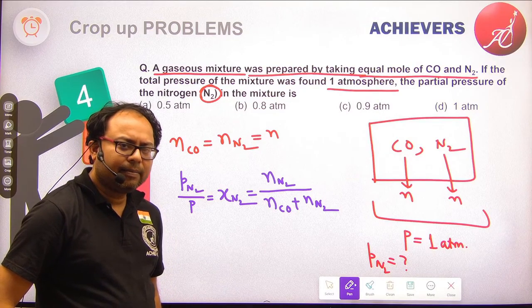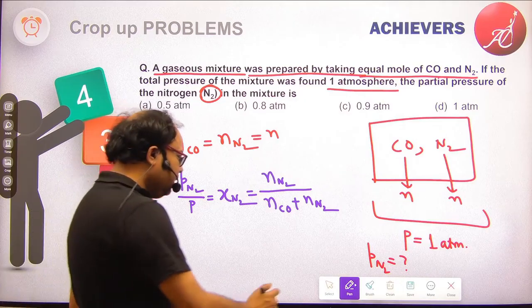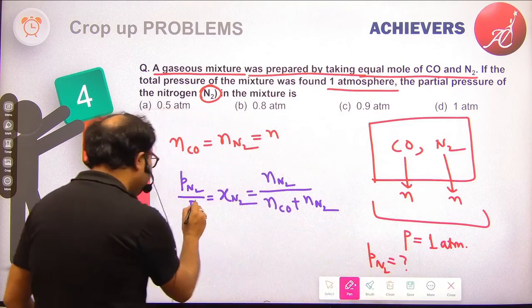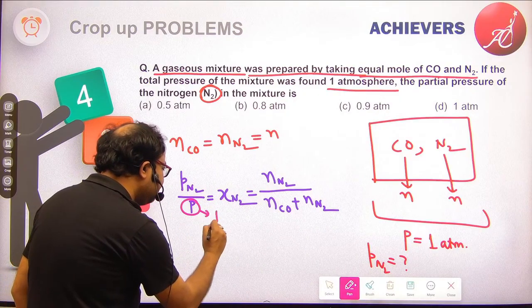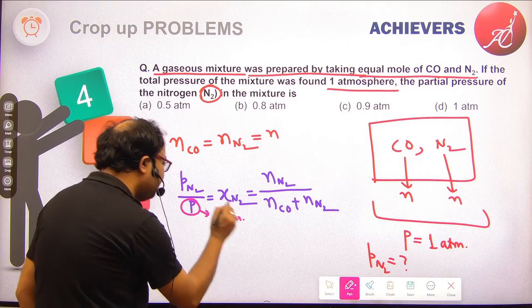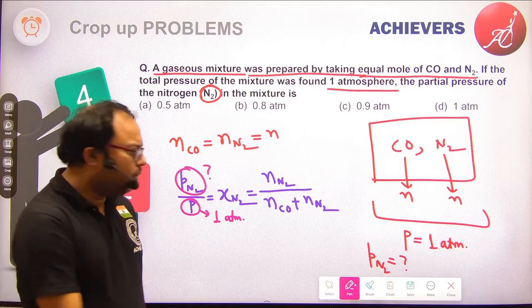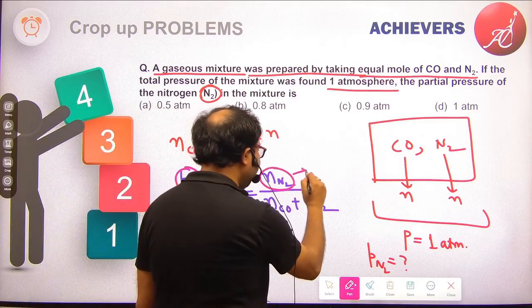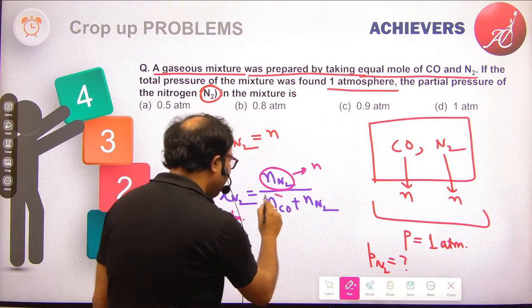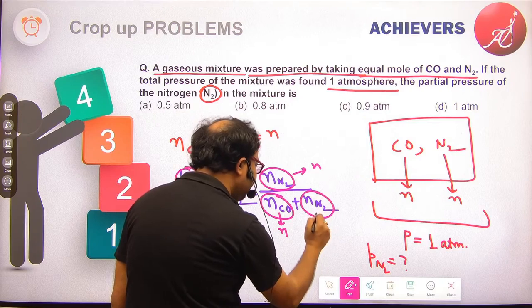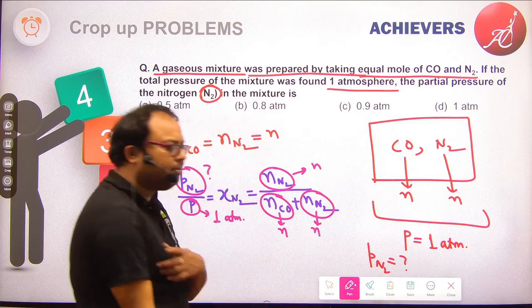Now, what is the value of P? P is 1 atmosphere. This is to be determined. The number of moles of carbon monoxide is N, and the number of moles of nitrogen is N once again.